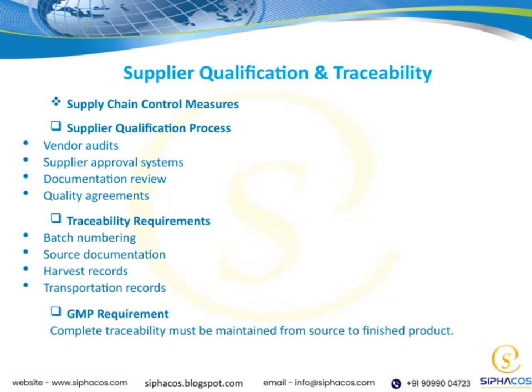Now, under GMP requirements, complete traceability must be maintained from the very source all the way to the finished product. This comprehensive tracking ensures accountability, quality, and safety across the entire process. It's about creating a transparent chain so that, if any issue arises, we can quickly identify and address it, reinforcing our commitment to quality and compliance.